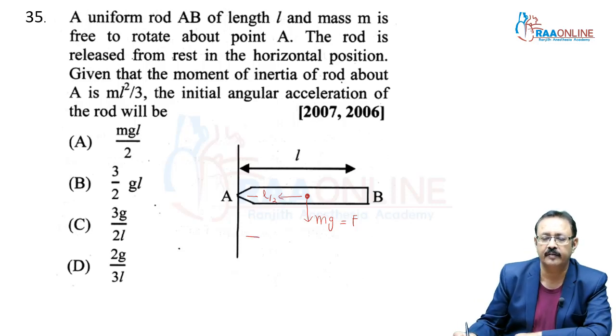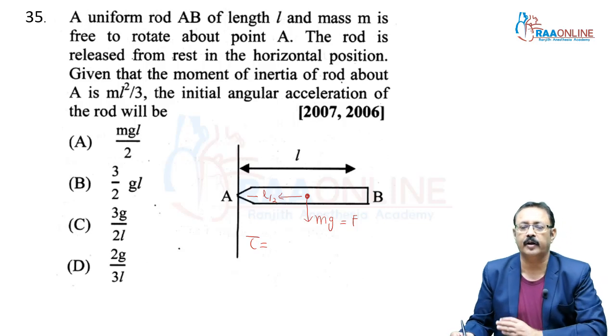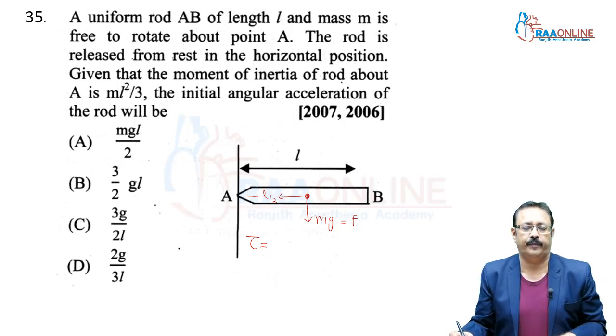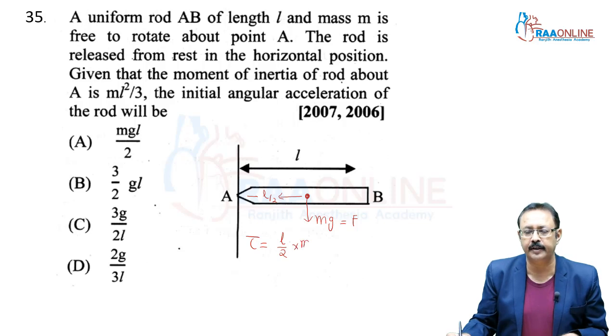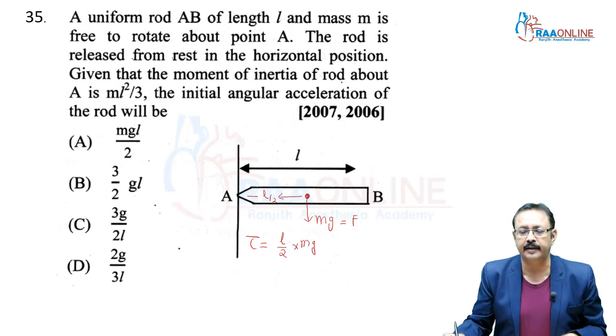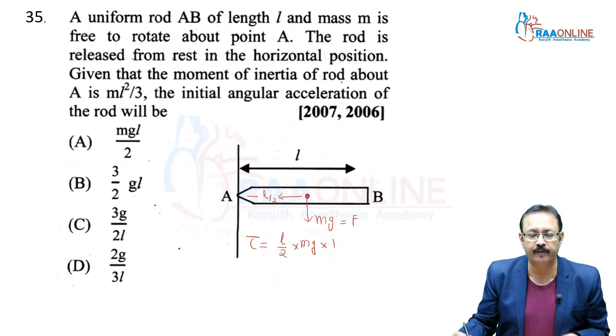So torque we can calculate. The angle between R and F is 90 degrees. So torque is R cross F, means R F sin theta. R is L by 2, F is mg, sin theta is 1. We have one more formula for torque, I into alpha.